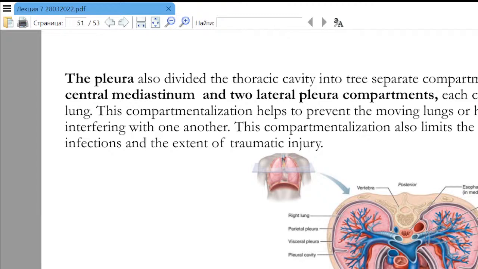This is the lung, these are the bronchi. This is the root of the lung at the hilum. This is the thoracic wall.